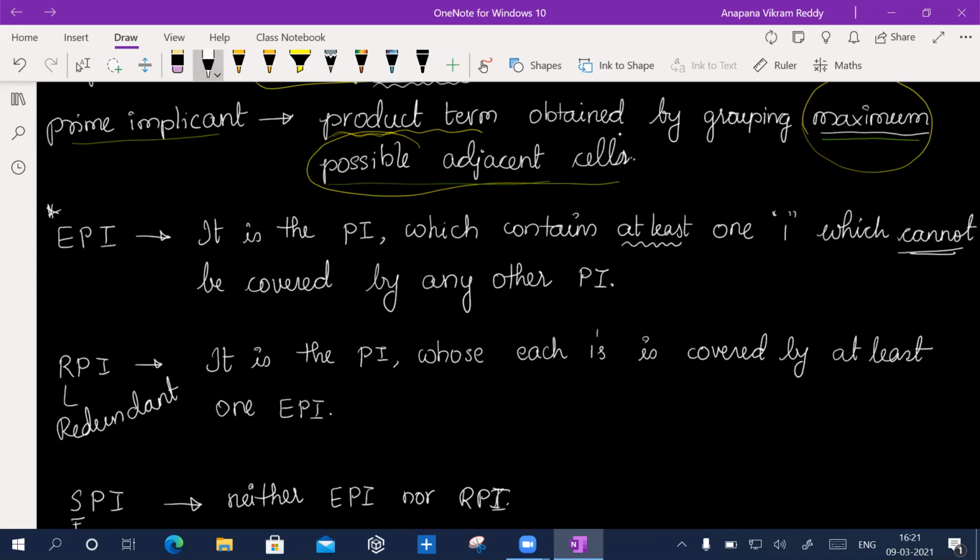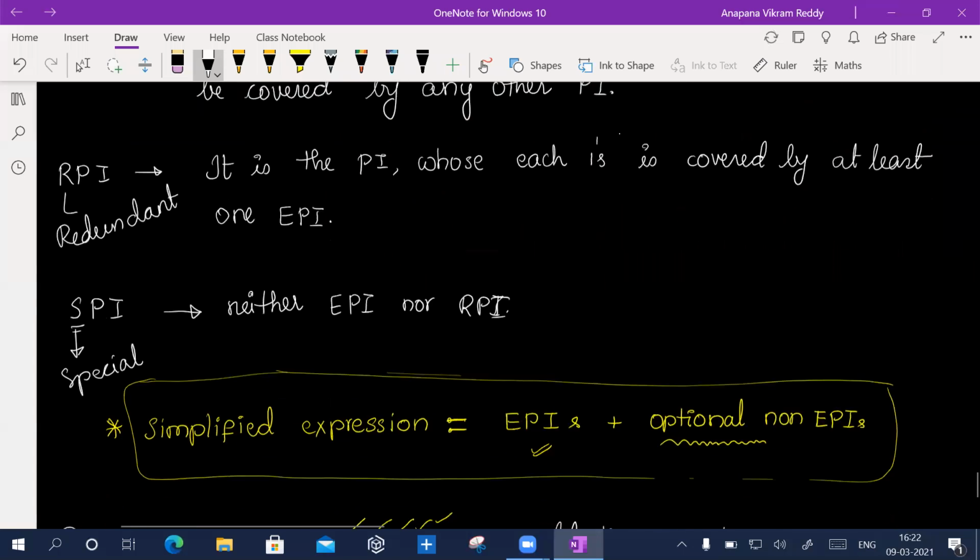It is a prime implicant which contains at least one 1, because I'm dealing with product terms, which cannot be covered by any other PI. It is a PI which contains at least one 1 which cannot be covered by any other PI.